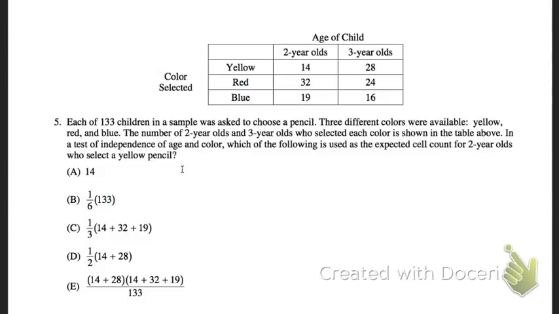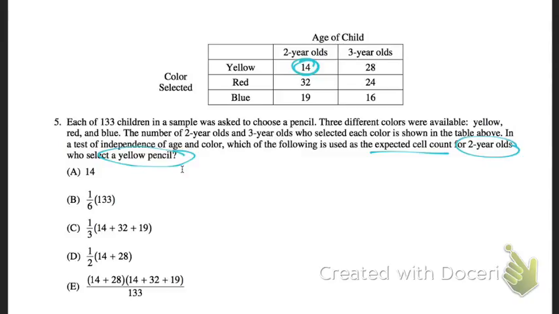Okay, number 5. Each of 133, 3 different were available. In a test of independence, which of the following is the expected for 2-year-olds who select a yellow pencil? So that's when you do row total, column total over grand total. And we're doing this cell right here.